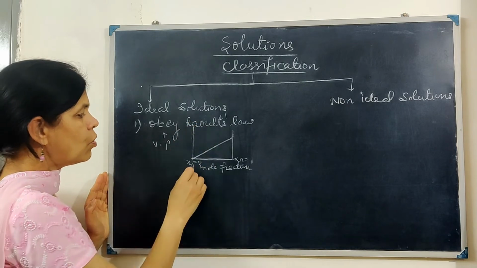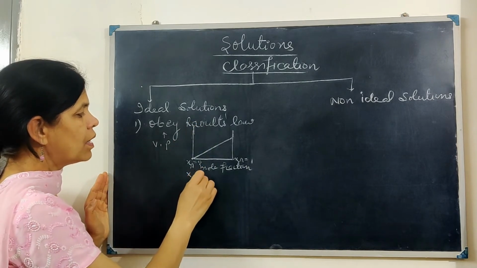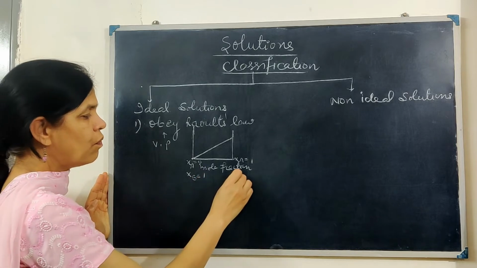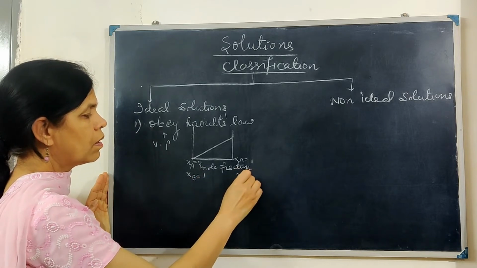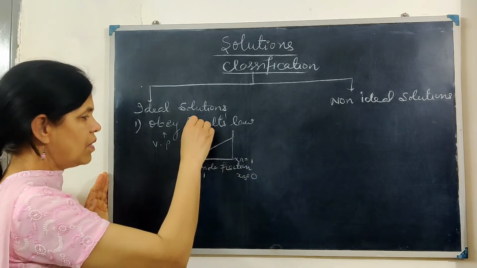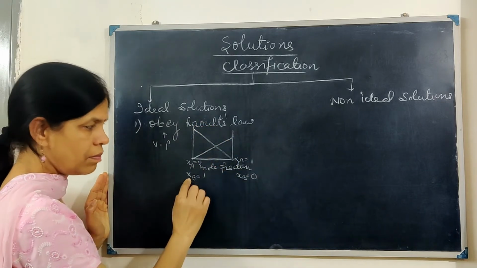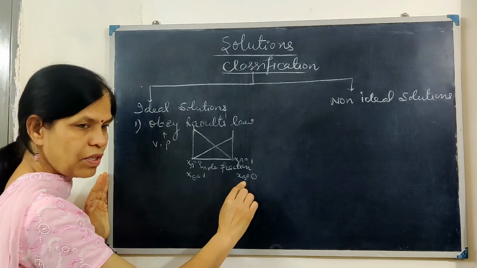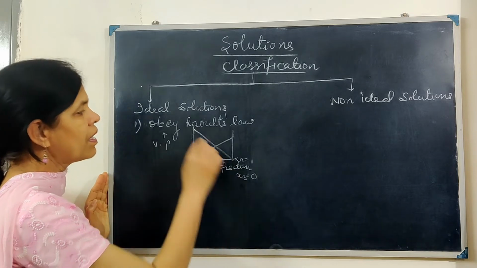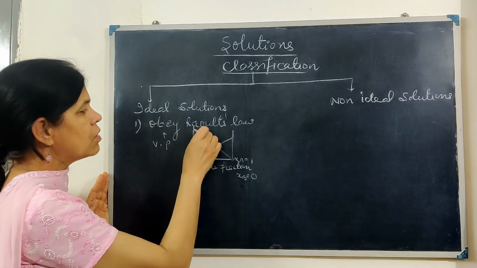And if I talk about the B component, then if you decrease the B component from 1 to 0, it becomes something of this sort. If we decrease the mole fraction, the vapor pressure keeps on decreasing, and this is the overall graph.